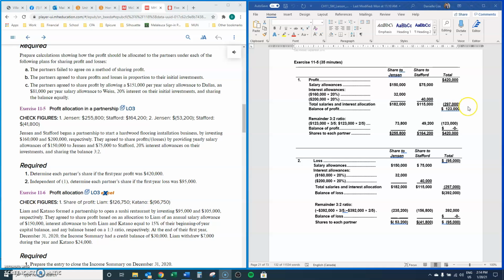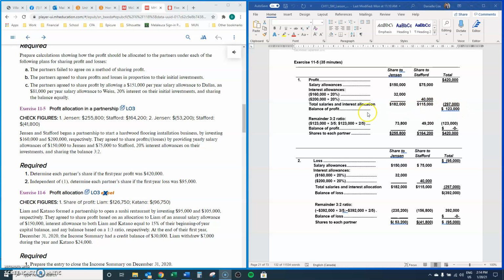So we had $420,000 that we could allocate. We allocated out through salary and interest allowances $297,000. So we have remaining profit of $123,000 to allocate out. It tells us then that they share that amount on a 3-to-2 ratio, which means that 3/5 of the remainder goes to Jensen and 2/5 of the remainder goes to Stafford.